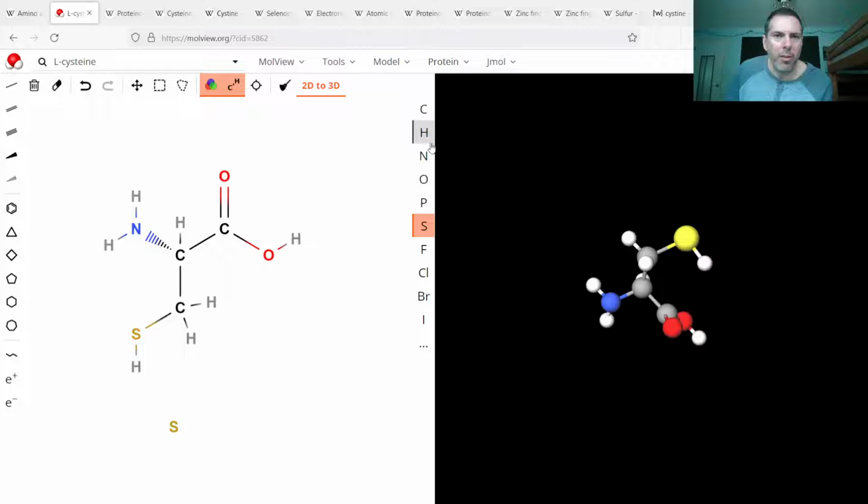So if you had another cysteine side chain off to another amino acid, down here somewhere, you would end up with a covalent bond between these two sulfurs, and that's a very strong bond, and that'll hold a protein in shape, preserving the tertiary structure of the protein, just making it less likely to deform.